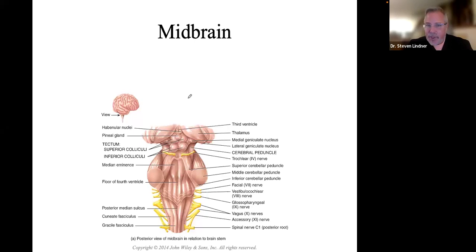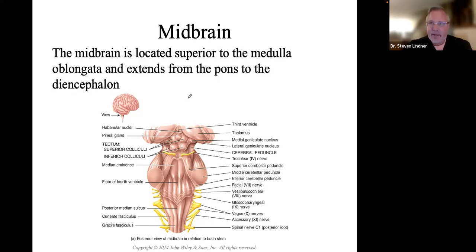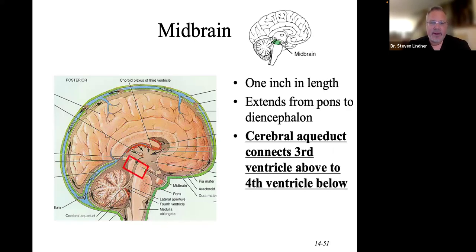And we'll finish up the brainstem with the most highest up portion that's called the midbrain. The midbrain is above the medulla and the pons. If we look at it here, it's this section right here. So down here is the medulla, here is the pons, and then right here is the midbrain. All three of those combined are considered to be the brain stem.